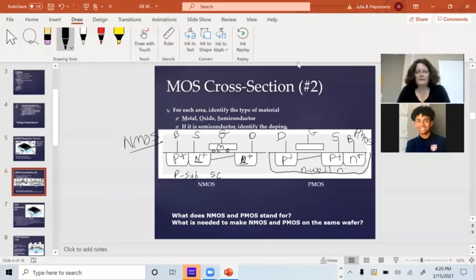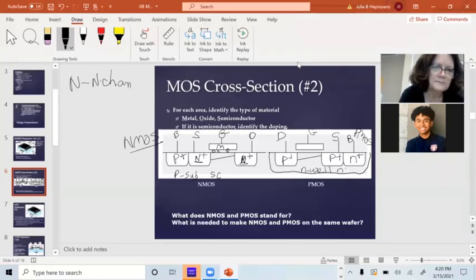And we still haven't talked about how they operate, how I turn them on. They're obviously off for everything we've done so far. Now the NMOS and the PMOS: the N stands for N channel and the P stands for P channel.